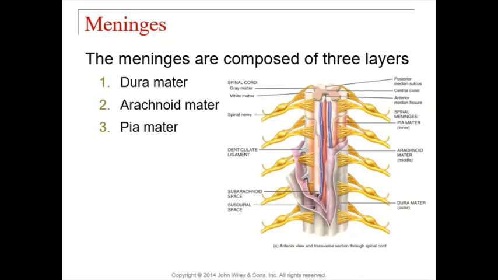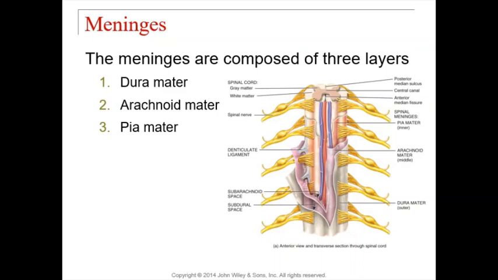And yet one more time, if I were to reflect back this layer, peel back this layer, I'll see the innermost layer to your meninges. It's called the pia mater. This is the innermost layer. It actually touches the spinal cord. In most cases, it's almost like it vacuum seals itself to the spinal cord. It's really hard to peel off the pia mater without damaging the spinal cord.